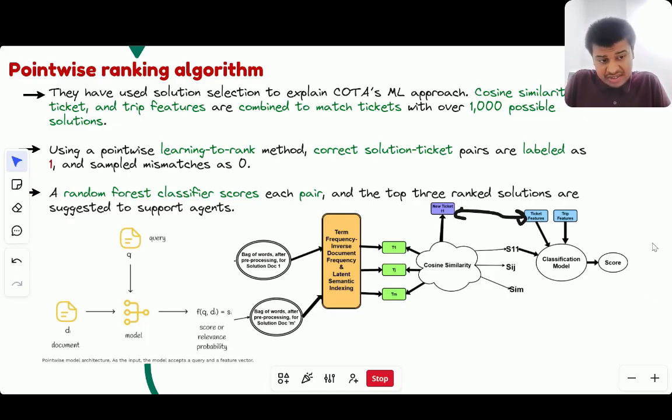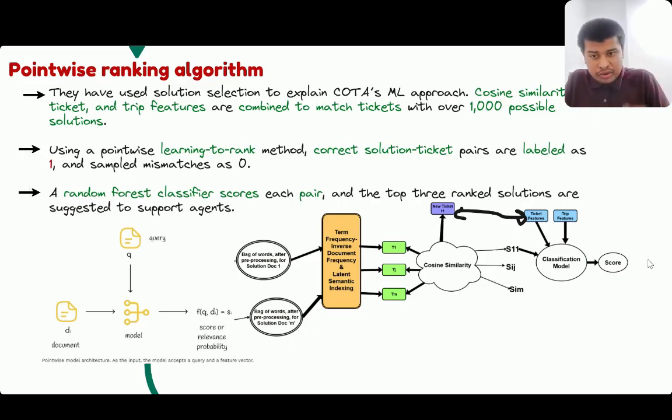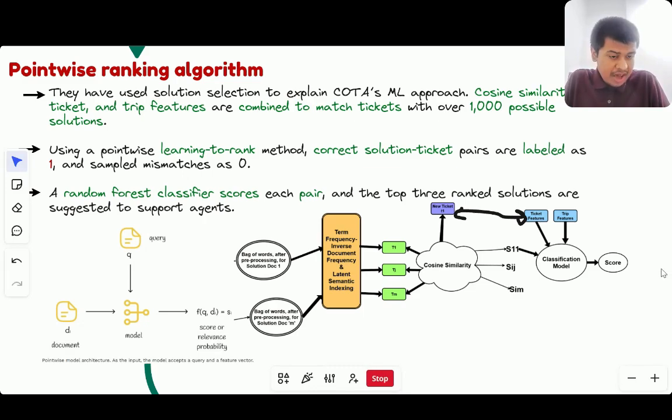The one given the higher score would be considered, and that would become your top recommended solution, and that document would be recommended. That would be the one with the highest score. Fine. So this is the whole process. The bag of words representation is transformed using TF-IDF and LSI kind of metrics into a topic vector.